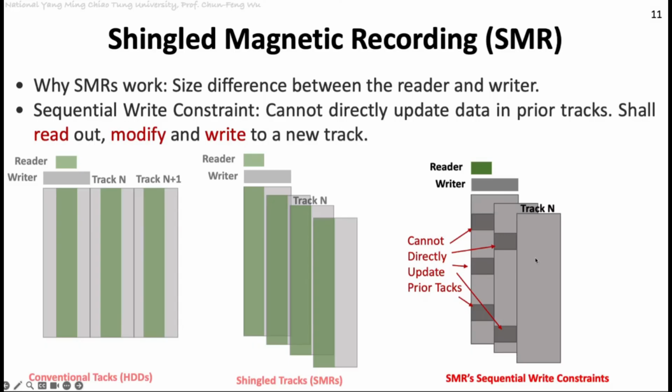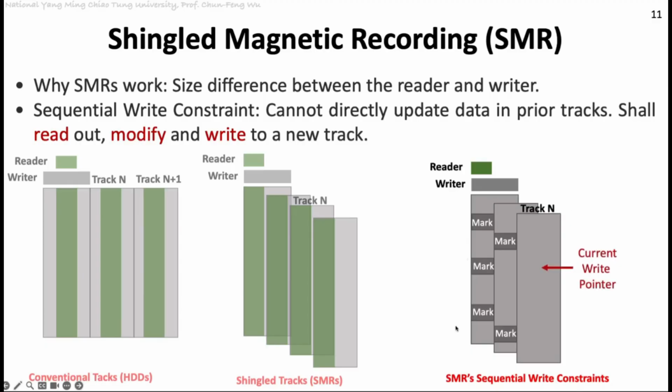So to solve this problem, SMR says you should only write under a sequential write constraint. You can never go back to write the prior tracks. So if you are going to update the prior tracks, we first mark them in the controller of the hard disk drive, and then find the current pointer, because maybe there is still some free space here, for example.